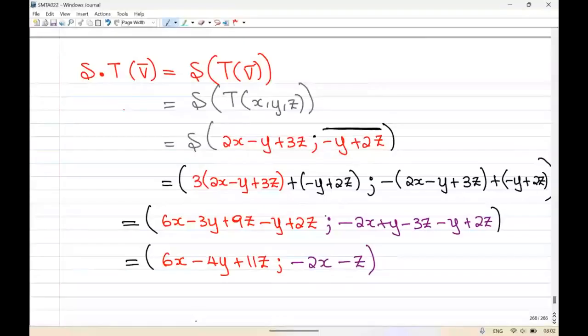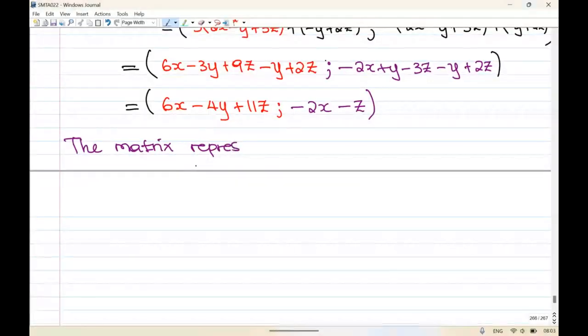So now, since you have this, the matrix representation of this, you are going to use the standard basis.